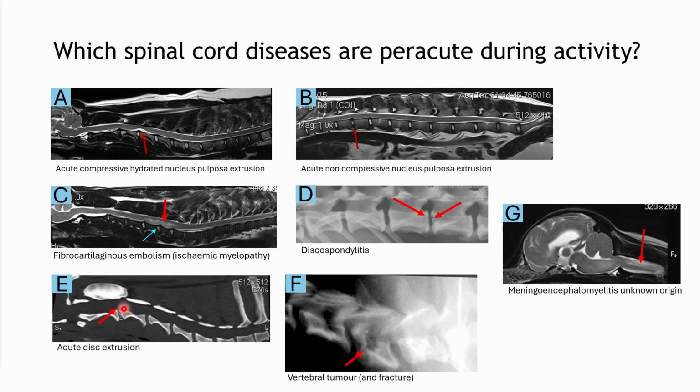Could it be an acute disc extrusion? We can see a calcified nucleus pulposus here with a blob of disc material coming out into the spinal canal. Or could it be a vertebral tumour and fracture? This is a tumour in here, and this is a fracture.